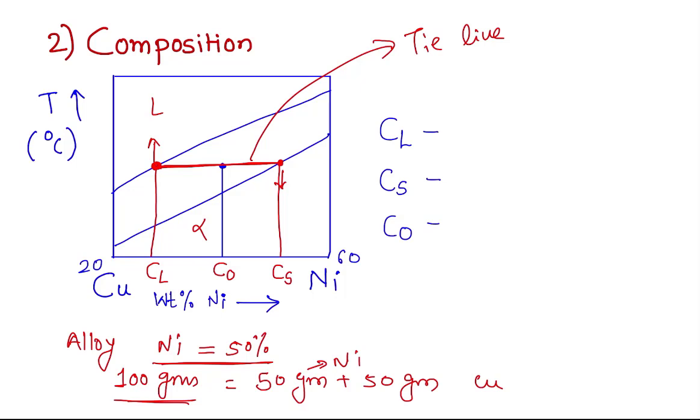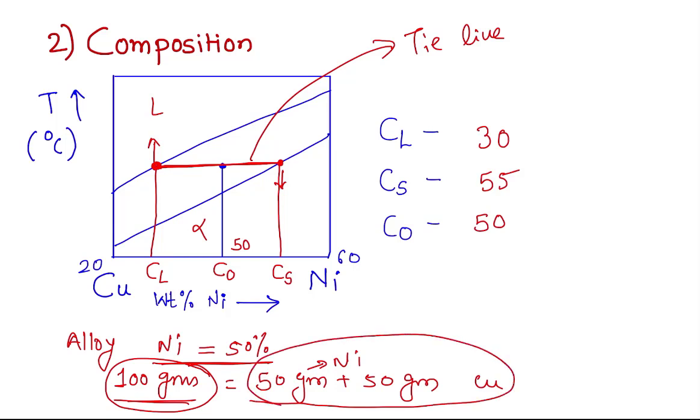So if we take 50%, C0, we can write here C0 50. Cs comes around 55 weight% and Cl comes around 30 weight%.